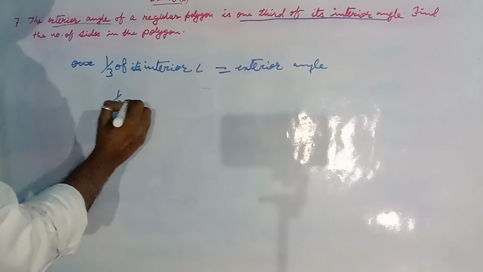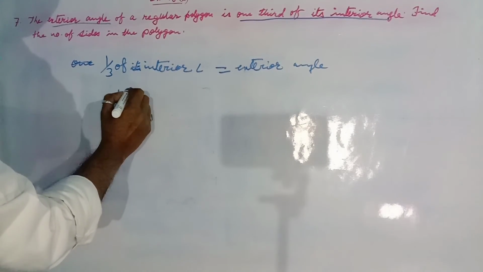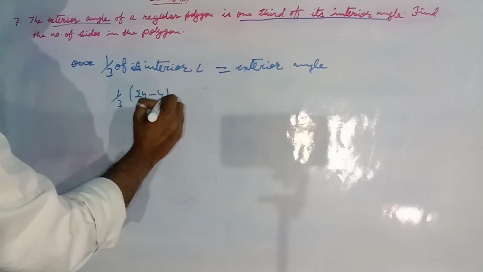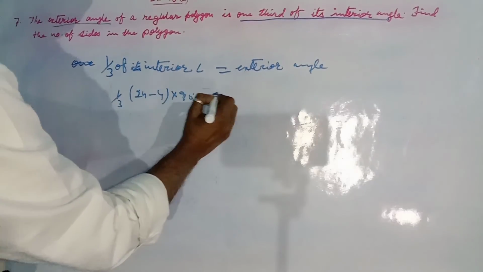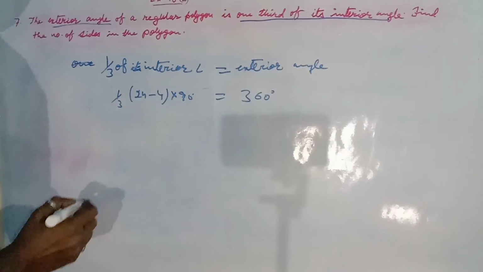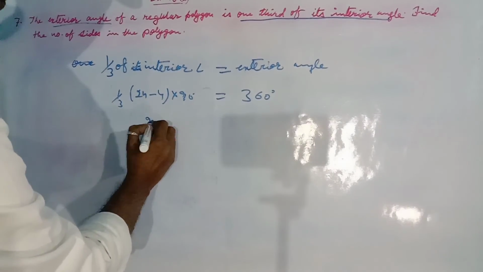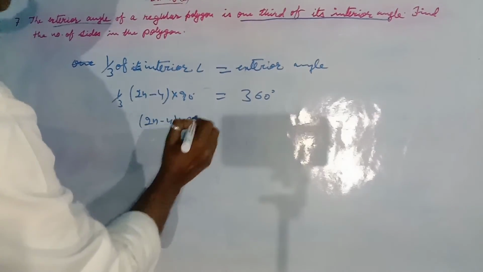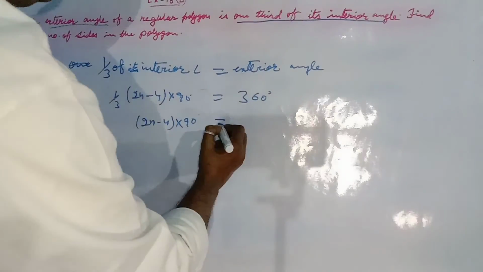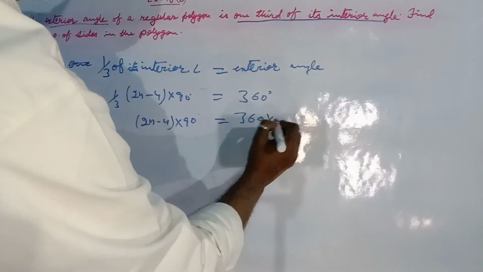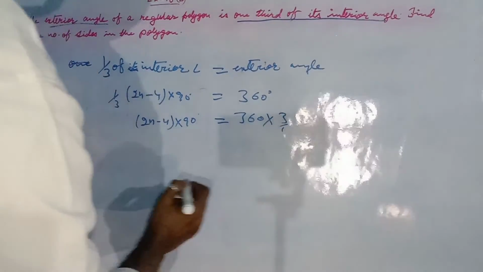Then 1/3 interior angle means the sum of interior angles, that is (2n minus 4) into 90 degrees, and exterior angle means it is always 360 degrees. Now (2n minus 4) into 90, then 1/3 will be here, transposing 1/3 means here it will be into 3 by 1.